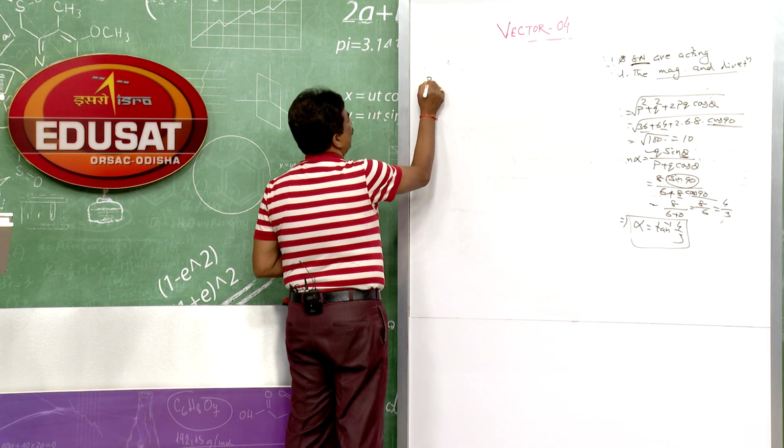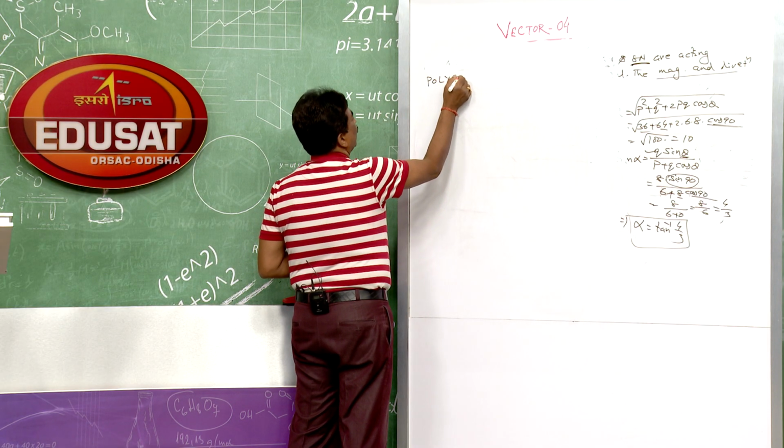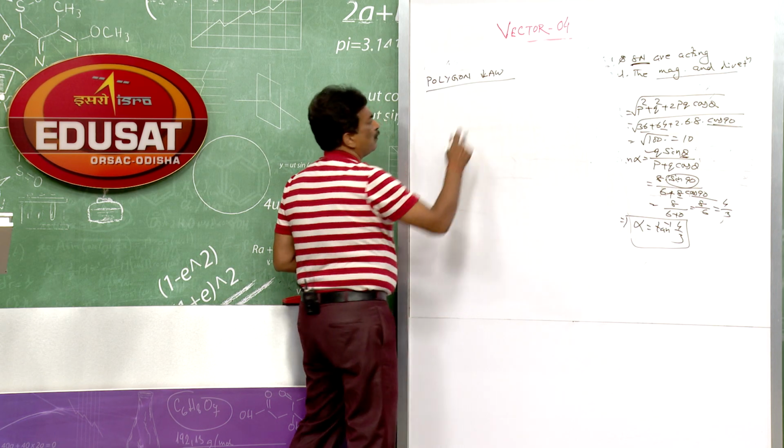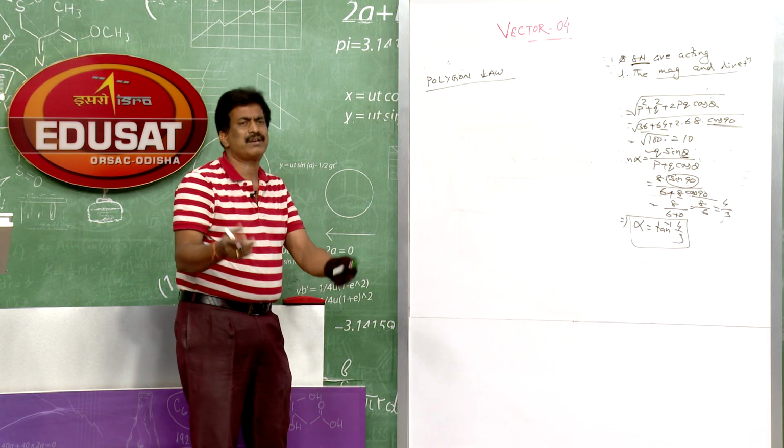Next we will discuss the polygon law of vector addition. Polygon law means when more than two vectors are there.